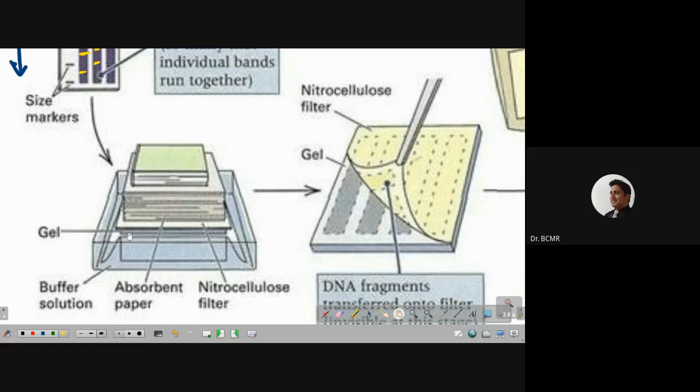It picks up the buffer, which travels through the paper towels by capillary action. While moving from the gel to the top, it is carrying the DNA present in the gel towards the top. The nitrocellulose filter has high affinity for DNA. So while the buffer is moving, all the DNA gets caught onto the nitrocellulose filter. This is the membrane where the DNA will get attached. We are blotting the DNA present in the gel onto the filter using capillary action.